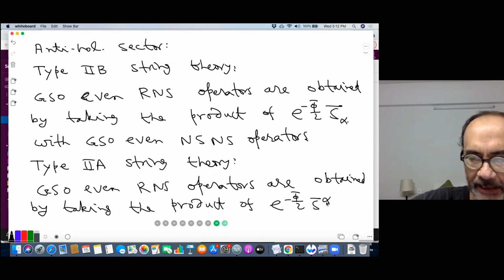So this is the antichiral spinor with GSO even NSNS operators.